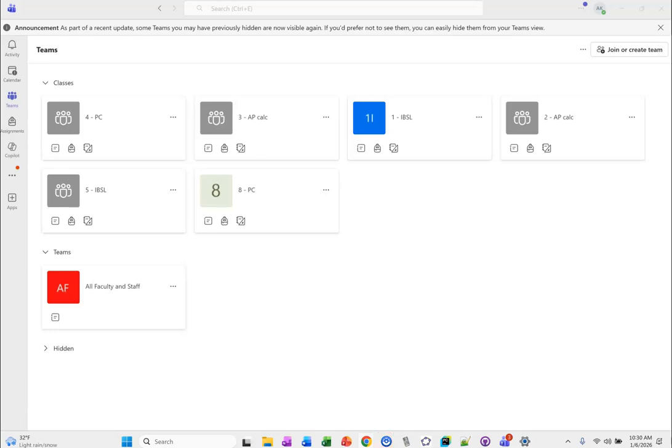You guys should be in a window similar to mine as you just start up. In that window, you should see a tile that says 2-AP Calculus. Is anybody missing that tile?